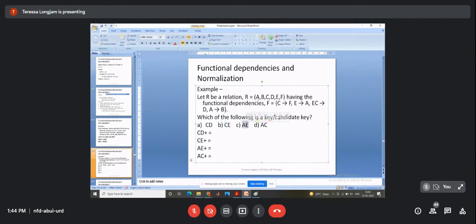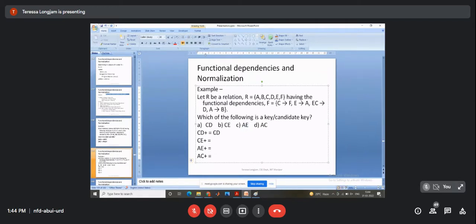If closure of AE contains all of them, then AE is a candidate key. By using the definition of closure and the definition of candidate key, you can conclude this. Now let us find the closure of CD.